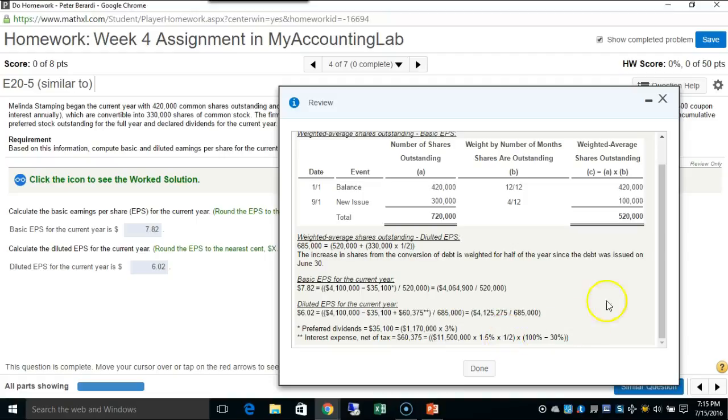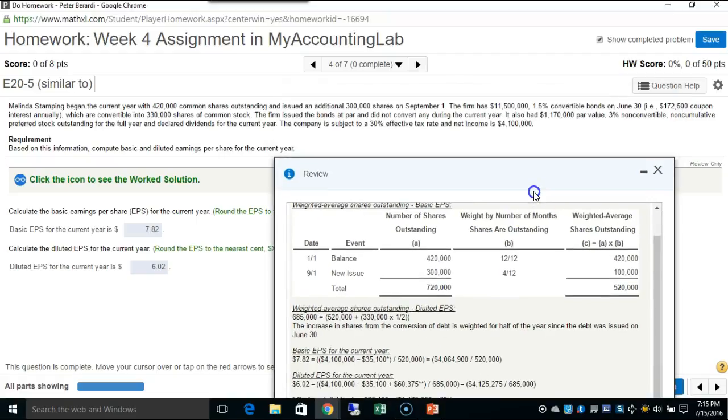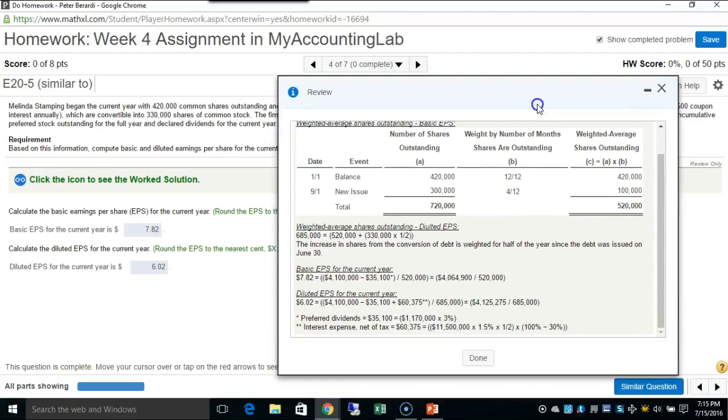and as far as the denominator is concerned, you take your basic earnings per share denominator right here, and now you add back the calculation for the convertible bond, the weighted average shares on that for half a year. So the company had 330,000 shares convertible into common stock.